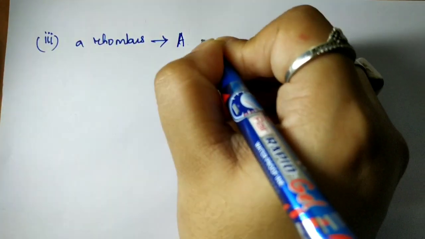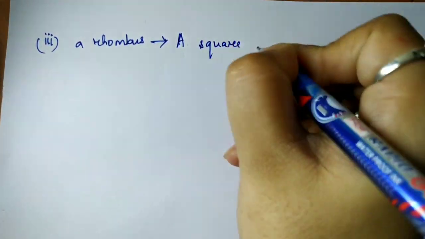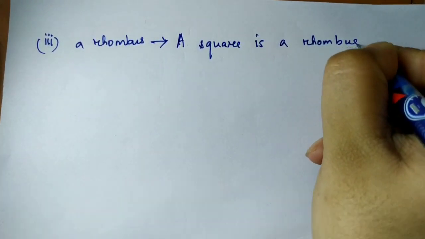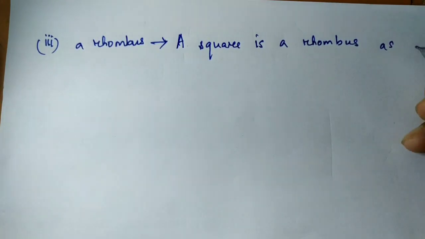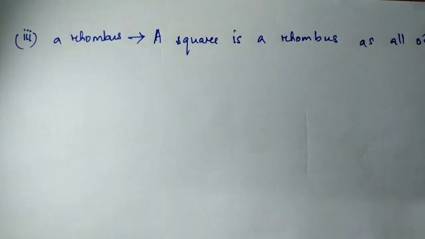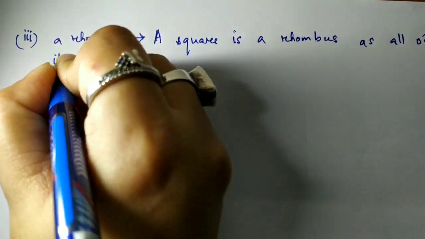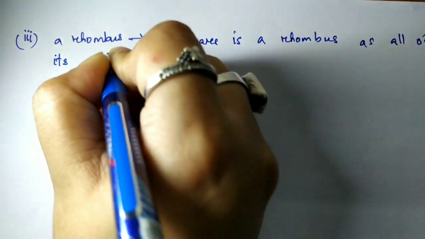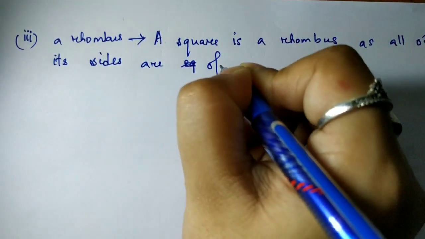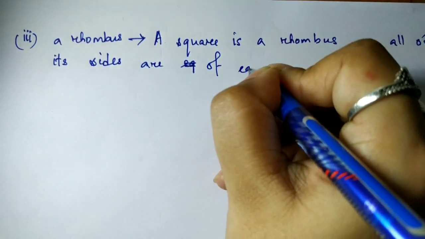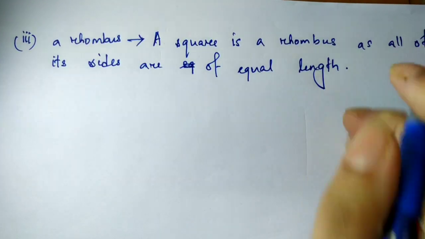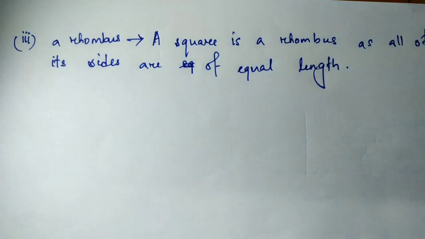So I will write, a square is a rhombus as all of its sides are of equal length. All four sides are equal. That is one.